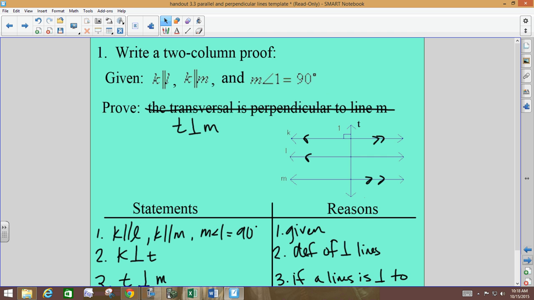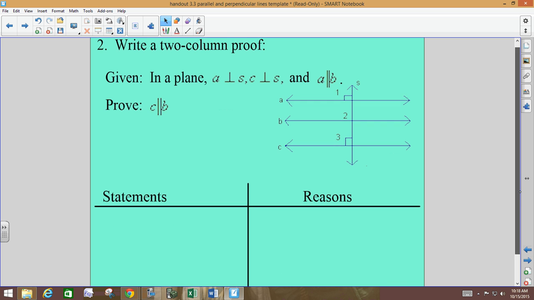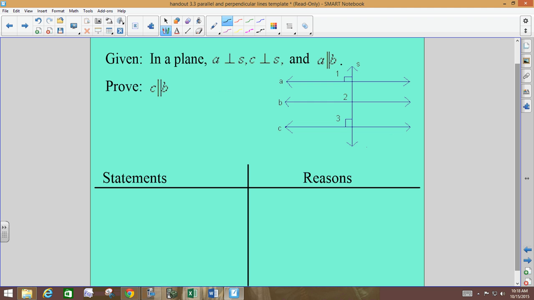All right. Anyway. Number 2, given A is perpendicular to S, C is perpendicular to S, and A is parallel to B, we're trying to prove that B and C are parallel lines. Once you have the given written, you have to mark that on your picture.